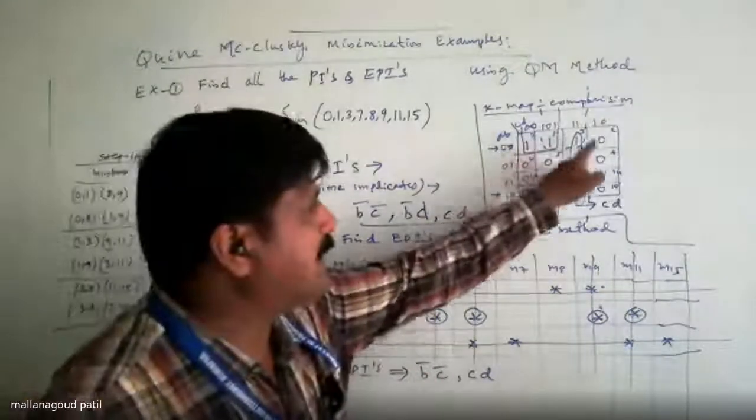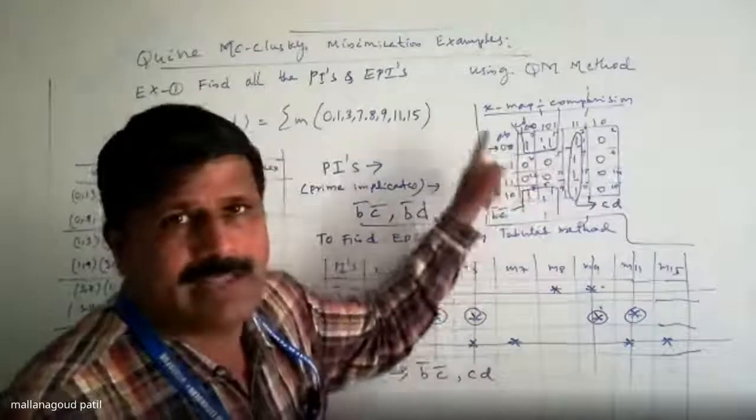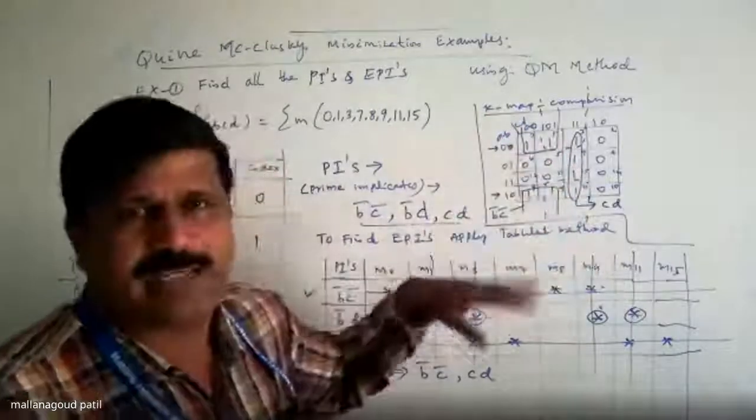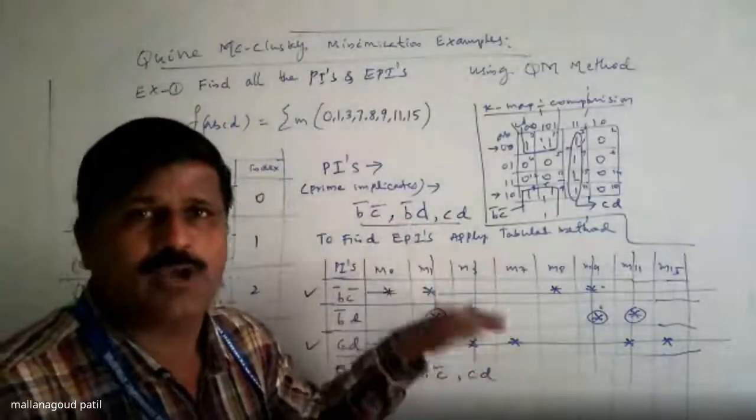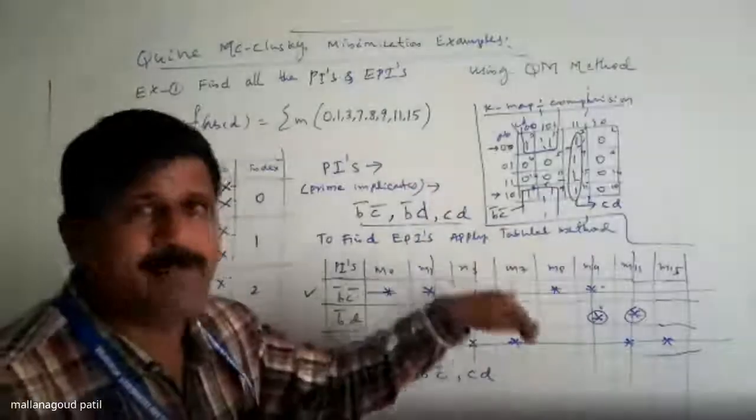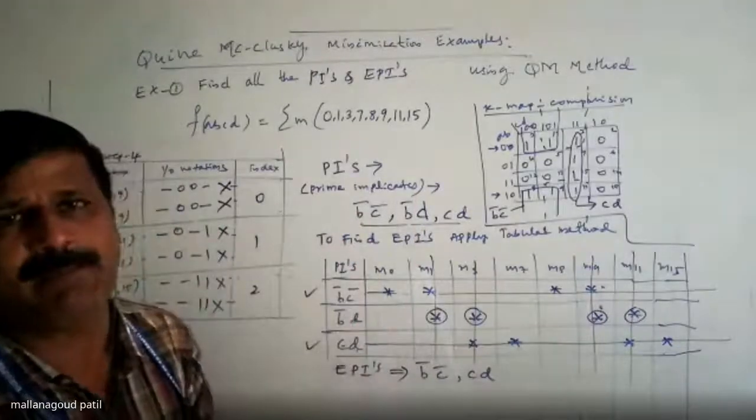If all the minterms are covered, even though it is possible to group, that is a PI, but that is not an EPI. That is a prime implicant, but not an essential prime implicant.